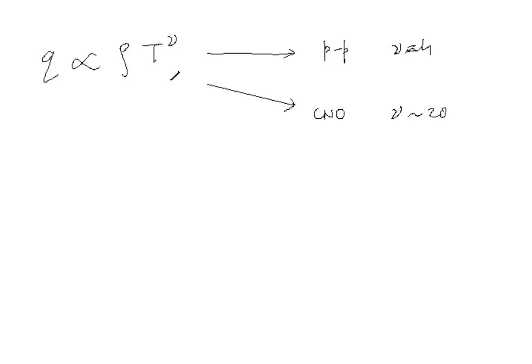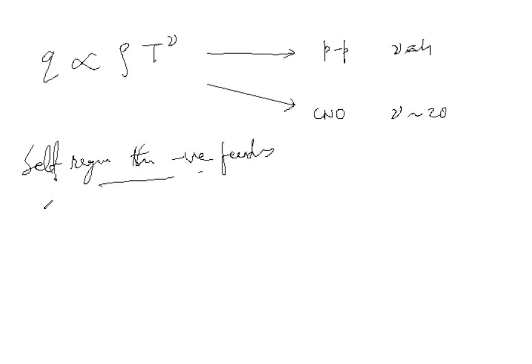Okay. Now, because of this, we also have this self-regulation in stars through a negative feedback. Let me show you how. Suppose the fusion rate goes up. As a result, this Q will increase, so the temperature will increase. And as a result, the gas pressure will increase.